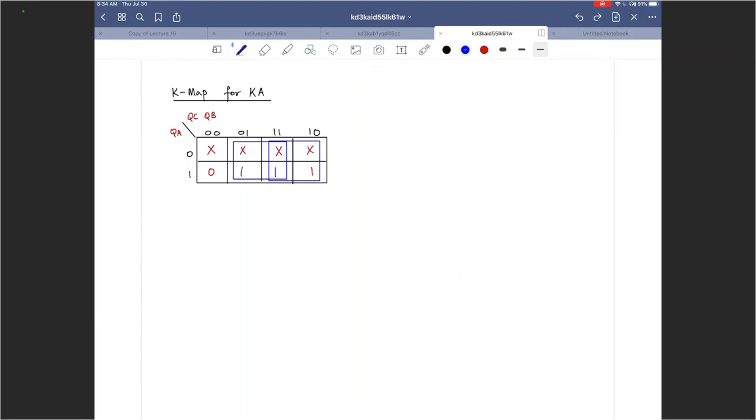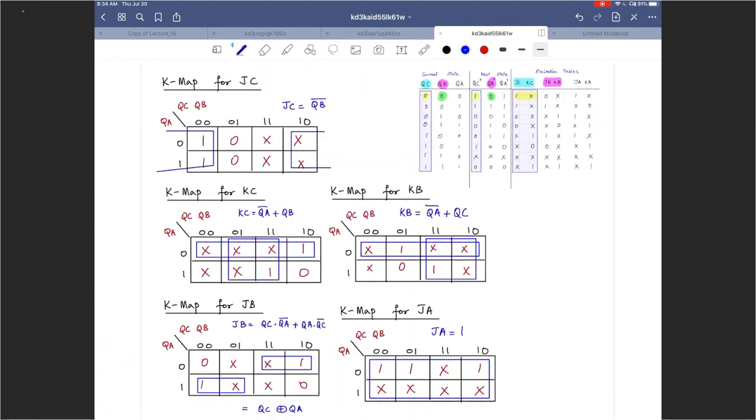So this will give me KA as QC or QB. All right, so I hope you have seen that we were able to get all the equations for the inputs, right?